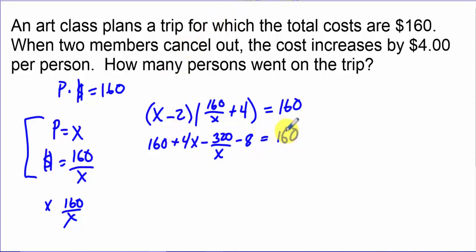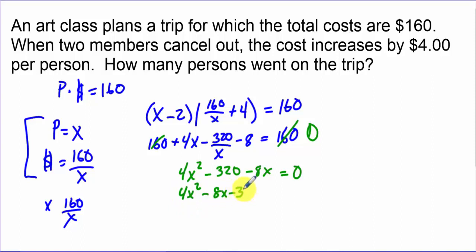Notice here the 160s are going to go. I'm going to multiply x to both sides of the equation, getting 4x squared minus 320 minus 8x. Keep in mind this equals 0, sorry. And I'm going to put it in the right form, 4x squared minus 8x minus 320.